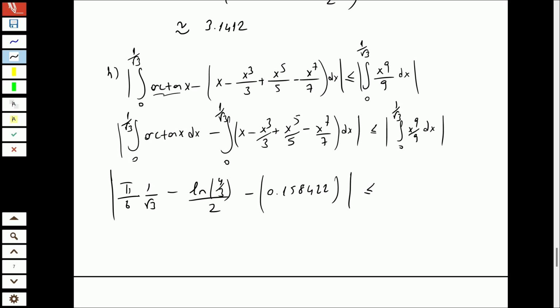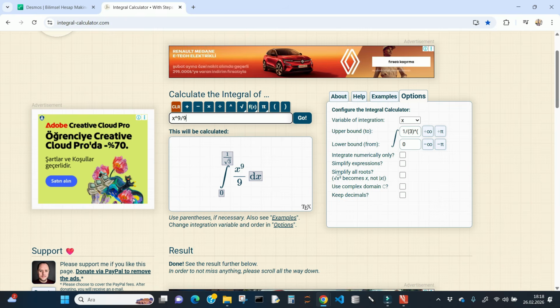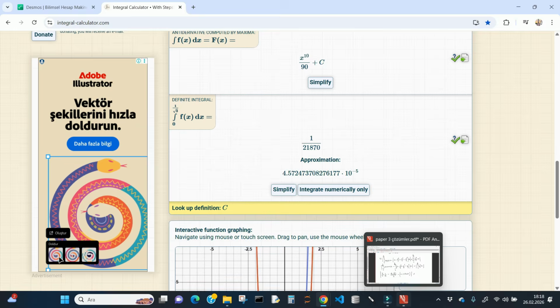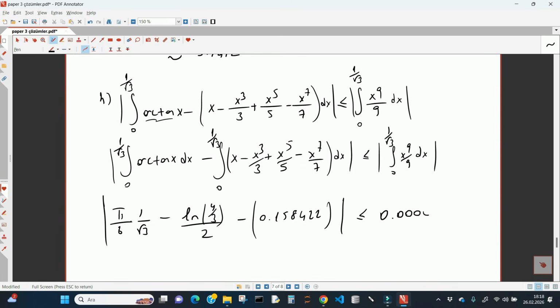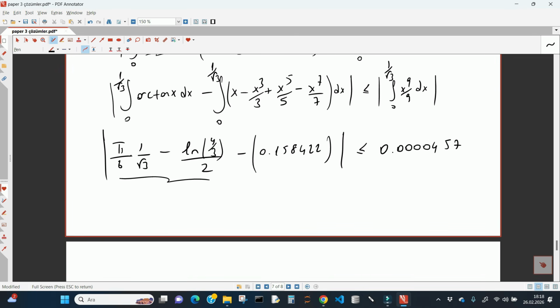Okay, and we will also find the integral of this expression. When you write the integral of this expression, you're going to find 0.000457.